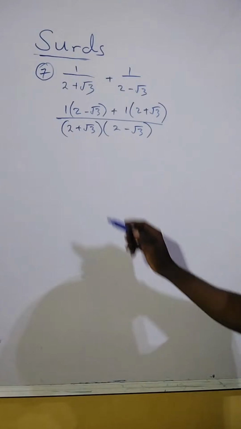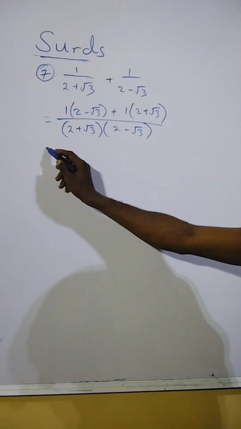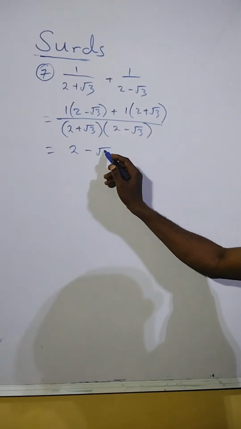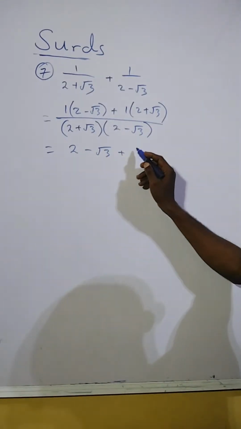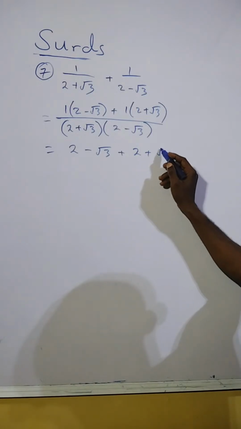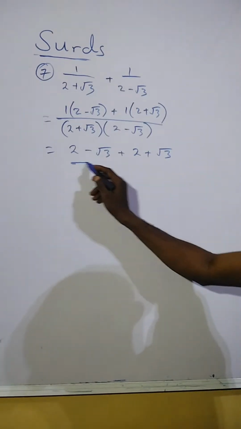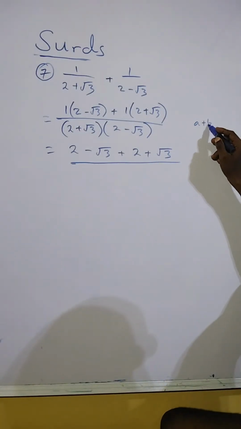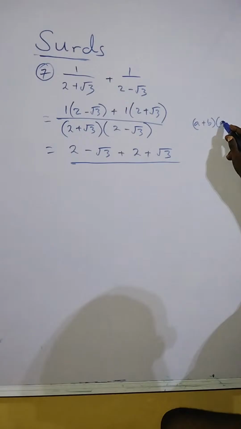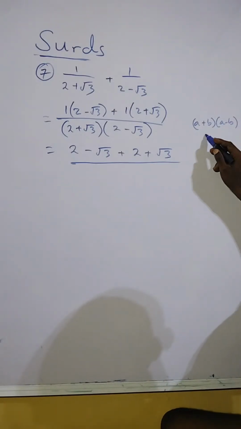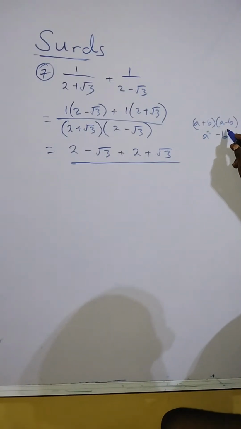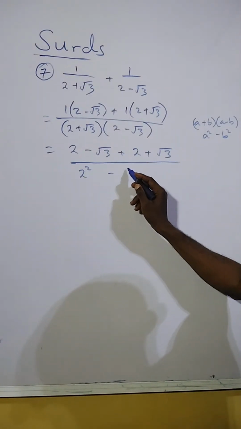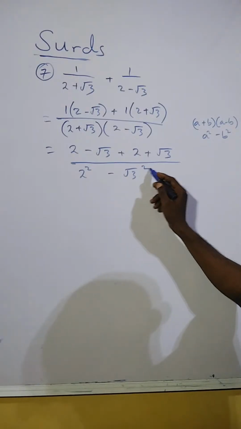Then we solve further and open the bracket. When we open this bracket, we still have 2 minus root 3, then plus 2 plus root 3, then divided by this bracket. This also follows when we have a plus b into brackets a minus b, which is a square minus b square. Here we have 2 square minus root 3 square.